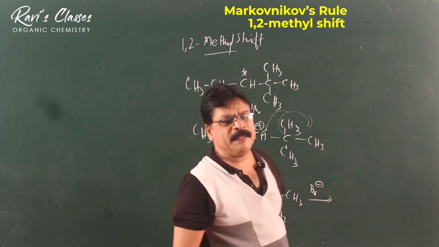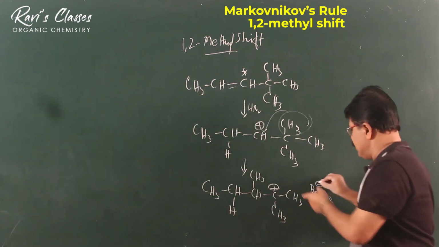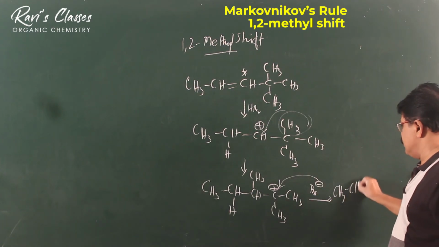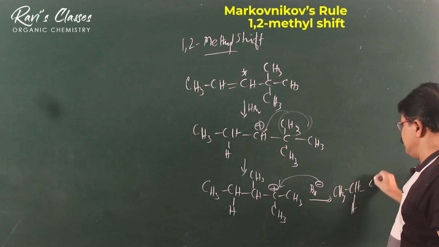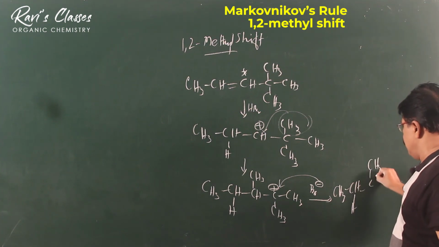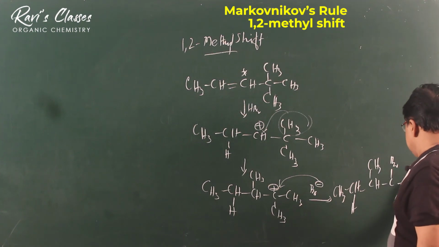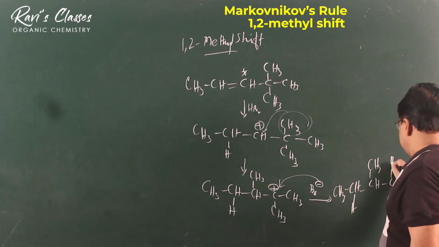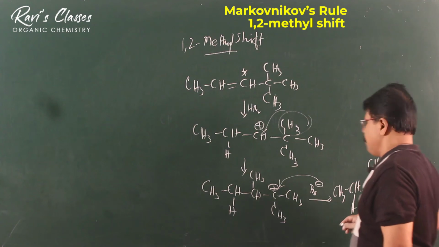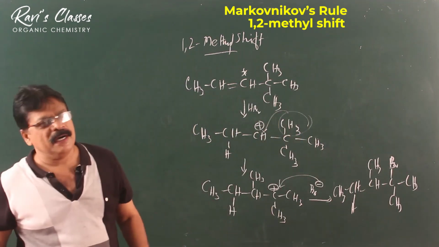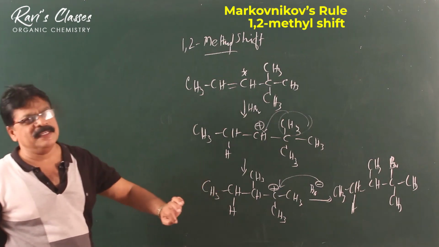Now Br minus will attack this carbon, and the product obtained will be CH3, CH, H, CH3, H. You get the Br here, CH3, CH3. So this is the interesting thing called 1,2 hydride shift and 1,2 methyl shift.